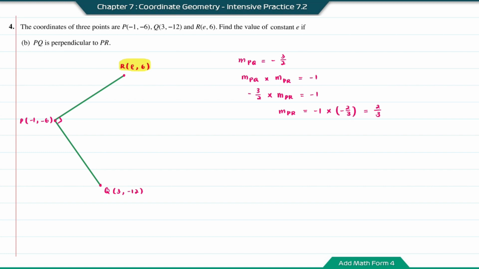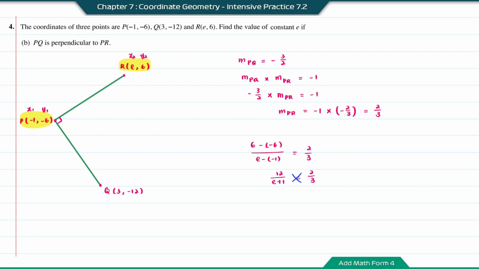Now if we use the coordinates of the point R and point P to find the gradient, the answer is equal to 2 over 3. So 6 minus negative 6 over e minus negative 1 is equal to 2 over 3. So 12 over e plus 1 is equal to 2 over 3.